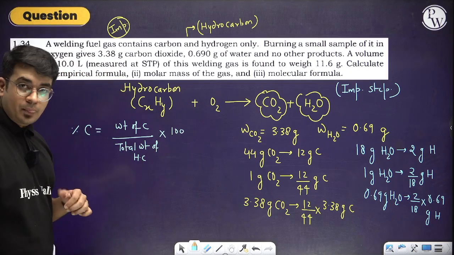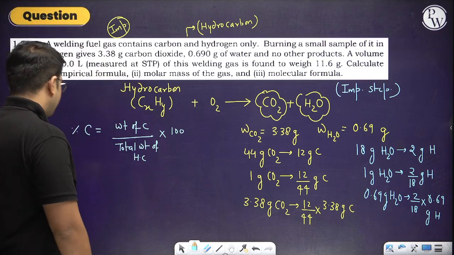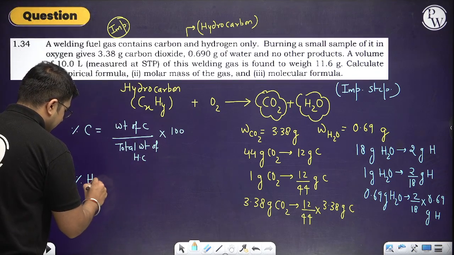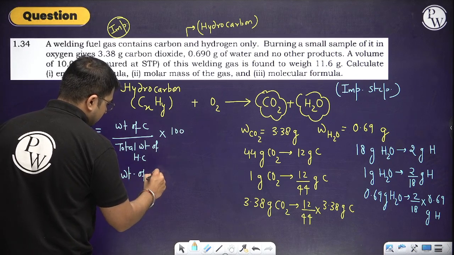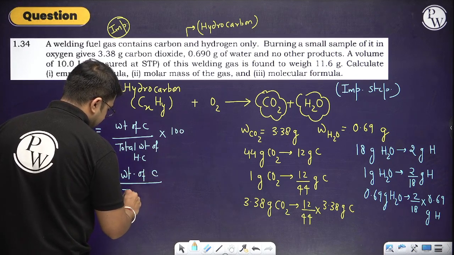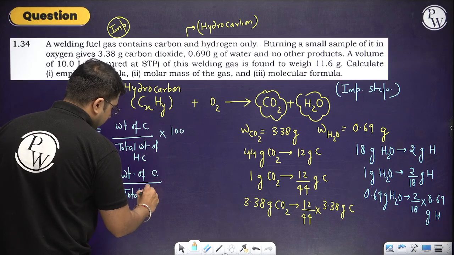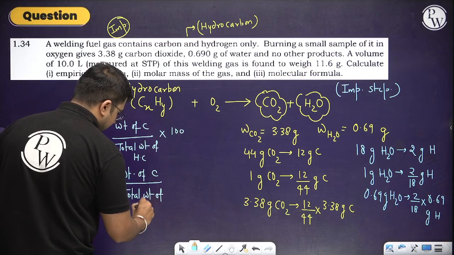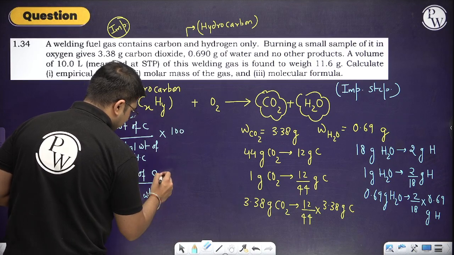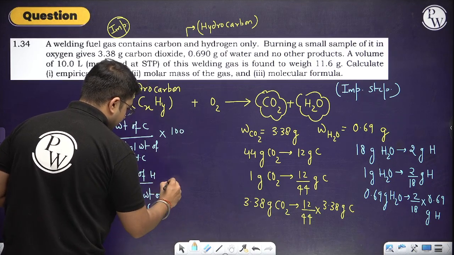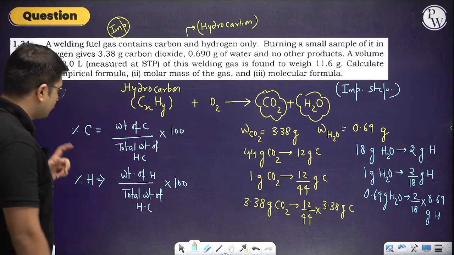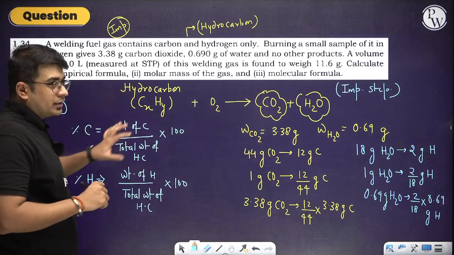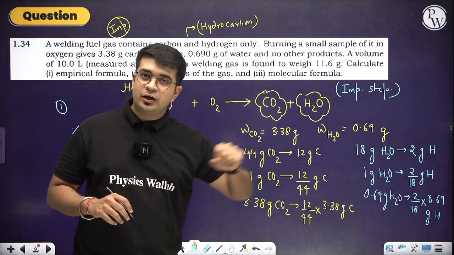That we can do, first part. And in the same way, for percentage of hydrogen, we can say the weight of hydrogen divided by the total weight of hydrocarbon multiplied by 100. By this we can calculate the percentage of hydrogen and percentage of carbon.